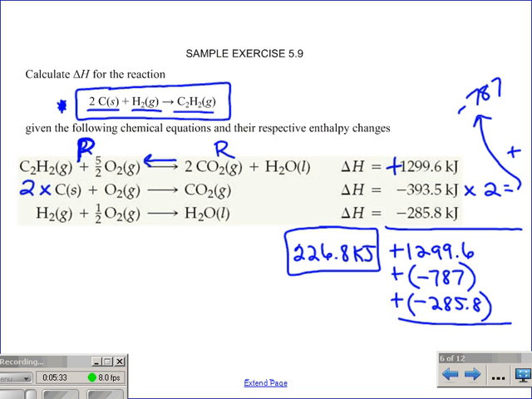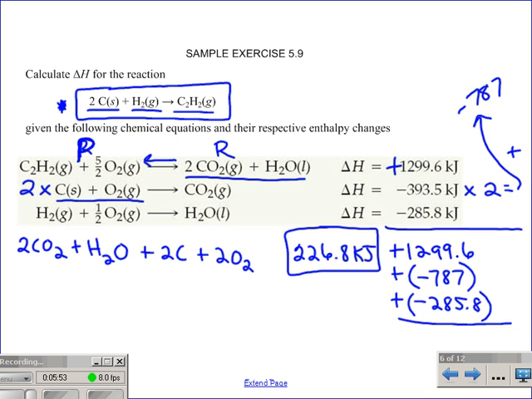So anyways, our reactants now are 2CO2. So that's this right here. And my H2O. And then these are my reactants as well. Remember, we multiplied them by 2, so it's 2 carbon plus 2 O2. And then we still have some more reactants: H2 right here, plus 1/2 O2.